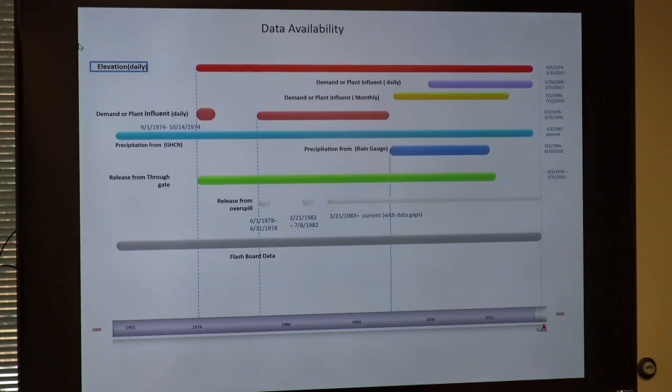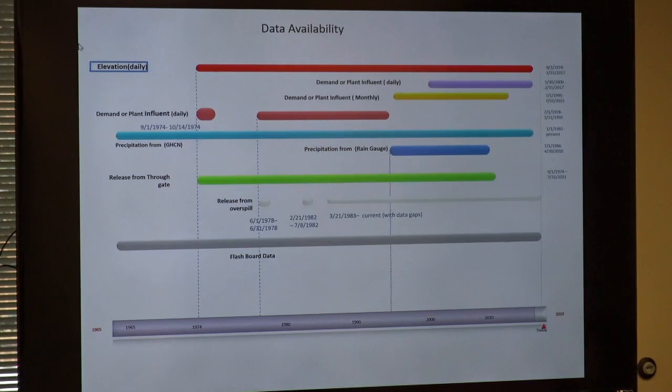So, I am pretty sure nobody can read this. So this is basically to show all kinds of data that went into the model, and just to give you an insight into the length of data, spatial length of data, temporal length of data that we have. So demand data, demand of plant influent, we have daily data that we receive from Providence Water Supply. We also receive monthly data from them, and thanks to Providence Water Supply here, you've been very, very helpful.